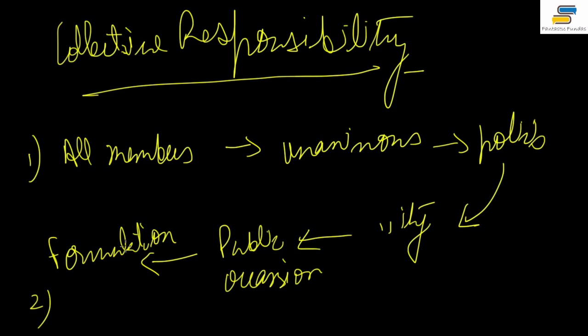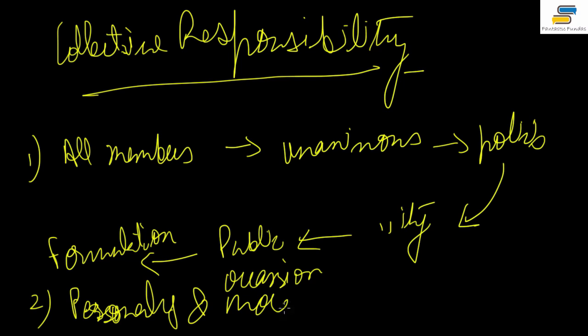And the second meaning is like this: that any ministers who speak against the policies, or who are also in favor of the policies, those ministers are also personally and morally responsible for its success and failure.